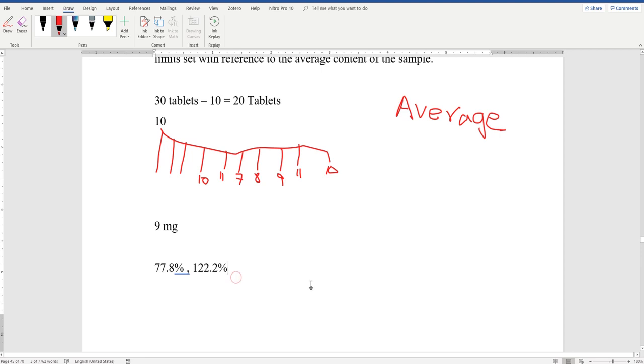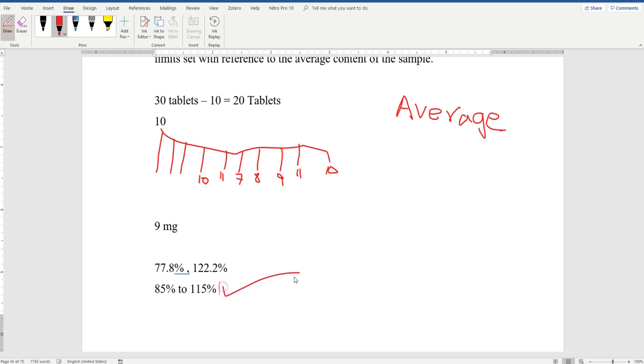Okay, what is the criterion? It says if all the percentages that you calculate are between 85% to 115%, if all of them are like that, then it passes the test. Finished. So what do you do with the 20 tablets? Nothing, you don't need to do anything.